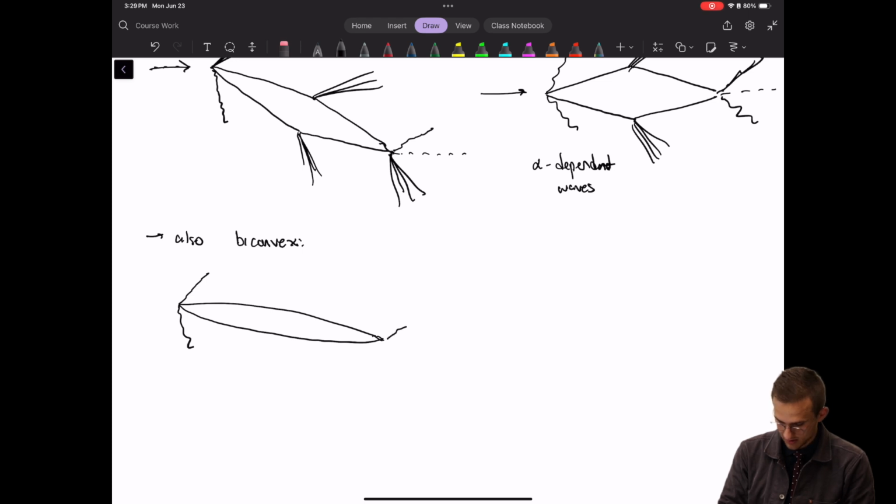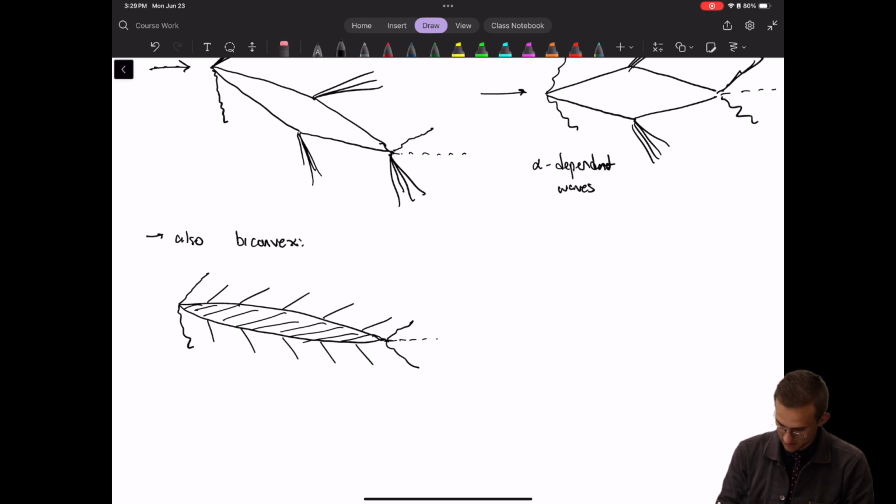Typically, you end up with this sort of shock structure, and then along the actual surface of this airfoil, you get expansion waves as it changes direction, little by little.